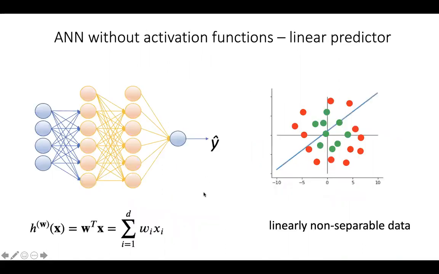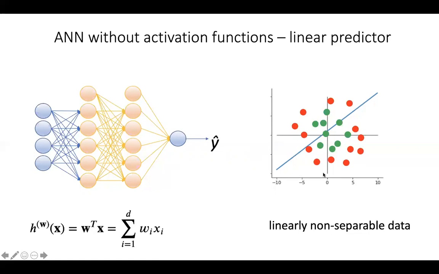What does it mean for the neural network? If we have multiple neurons or multiple units without activation functions, the end model is going to be a linear predictor. This is the simple linear predictor that we discussed last time.